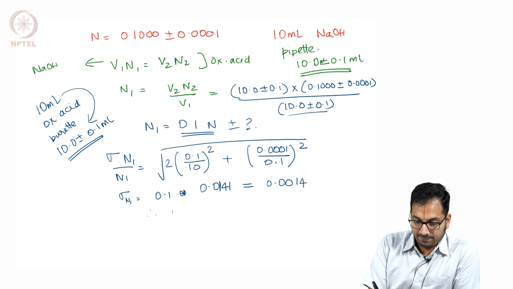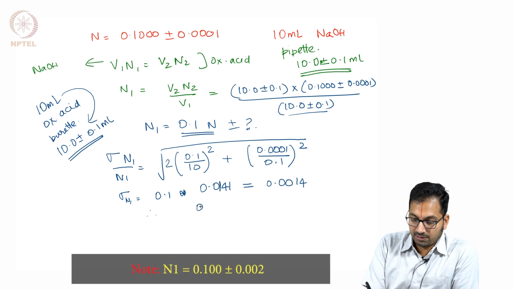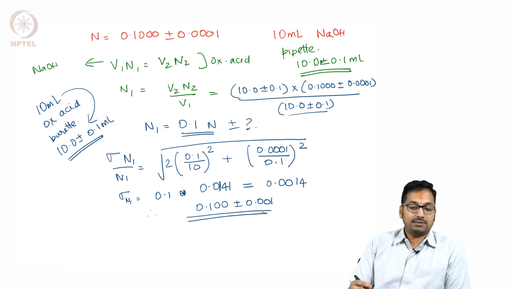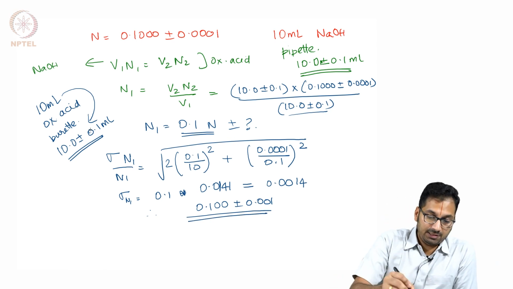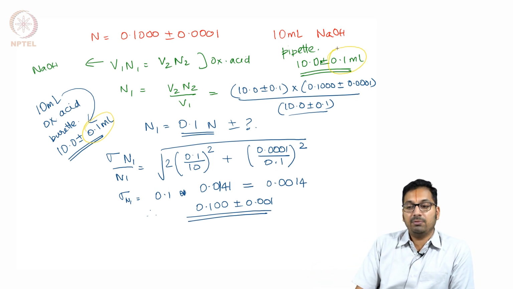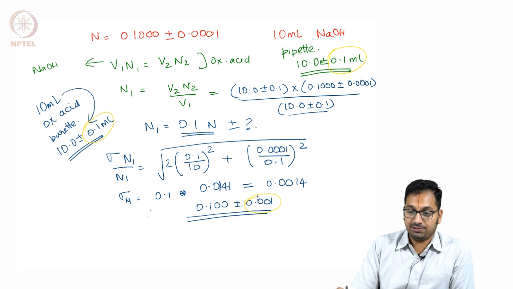So therefore the normality is going to be given as 0.100 plus minus 0.001. What you are able to realize is that depending upon the precision of each of the apparatus that we use, the final precision is changing.